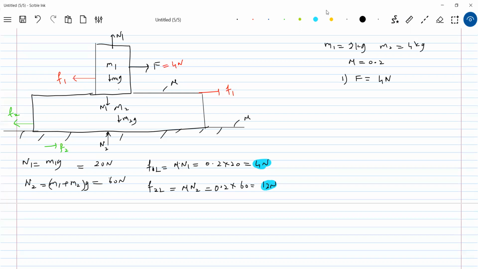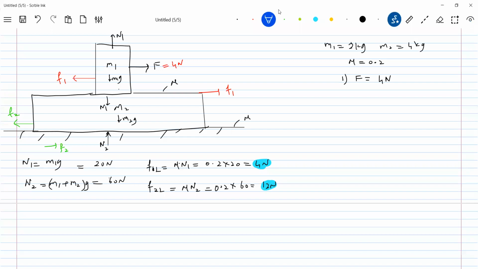Then the very next thing we are going to assume now. 4 Newton is applied. So what is F1L? Again the same value. Let it be, no problem. 4 Newton is applied. So can block M1 shift? Motion impending. So you can say that motion is impending. So how much frictional force should act here?